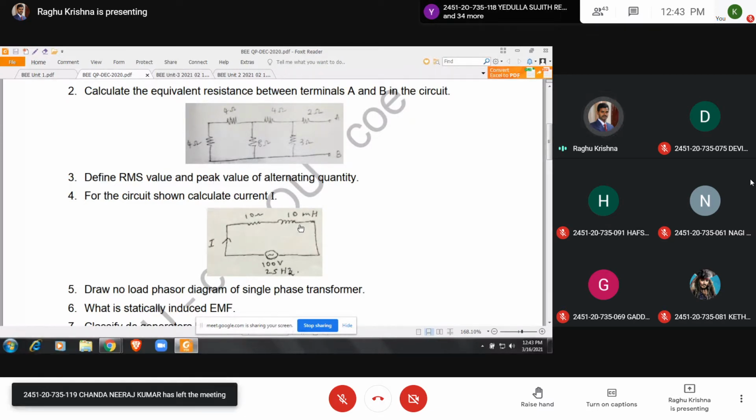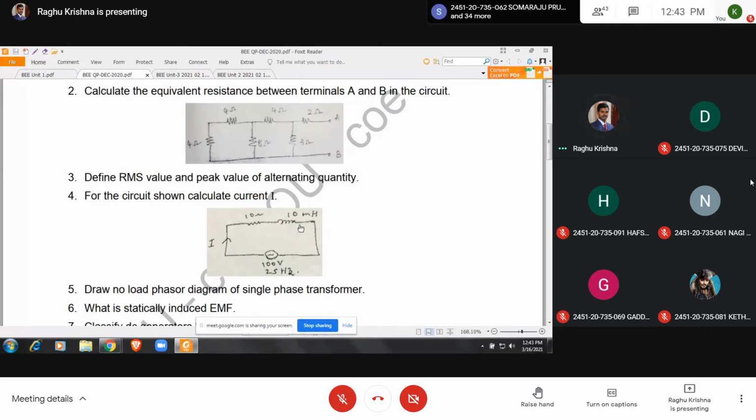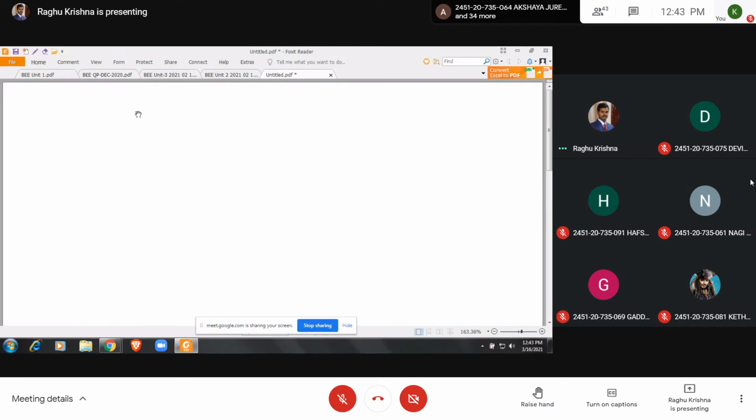Have you got the same one? See here. L is equal to 10 millihenry.